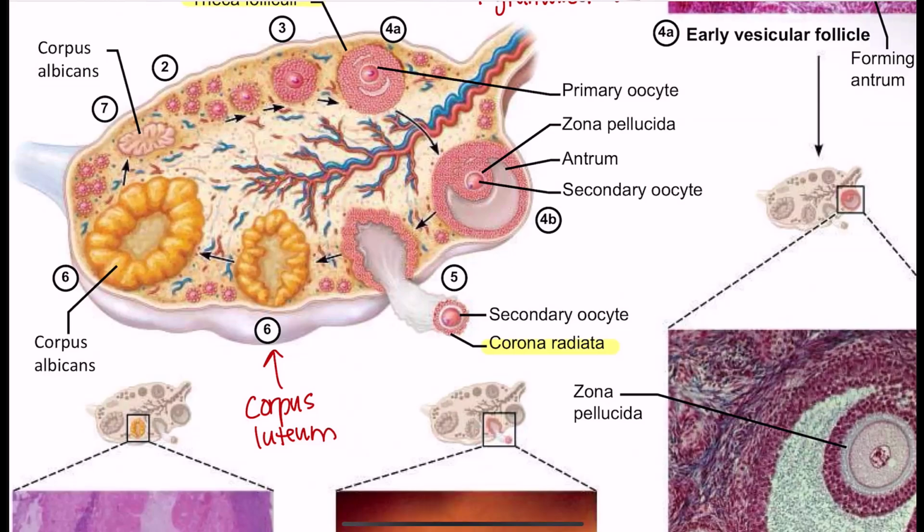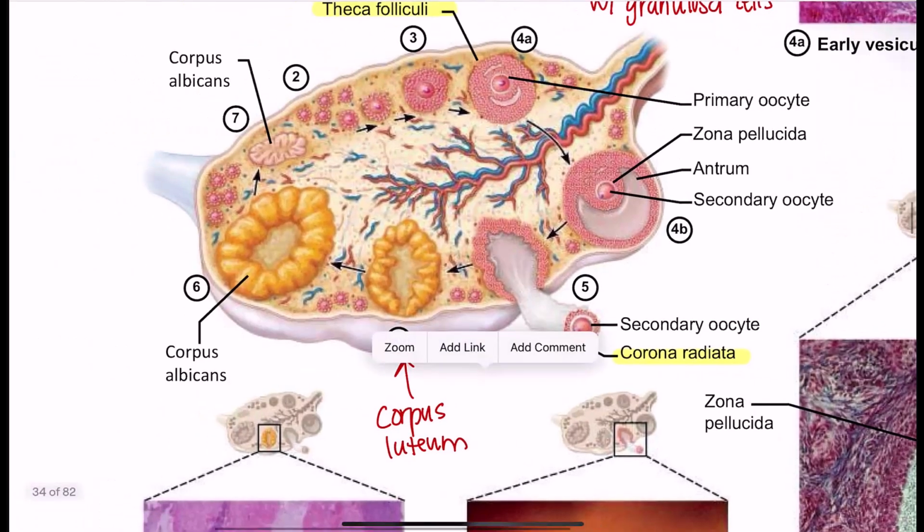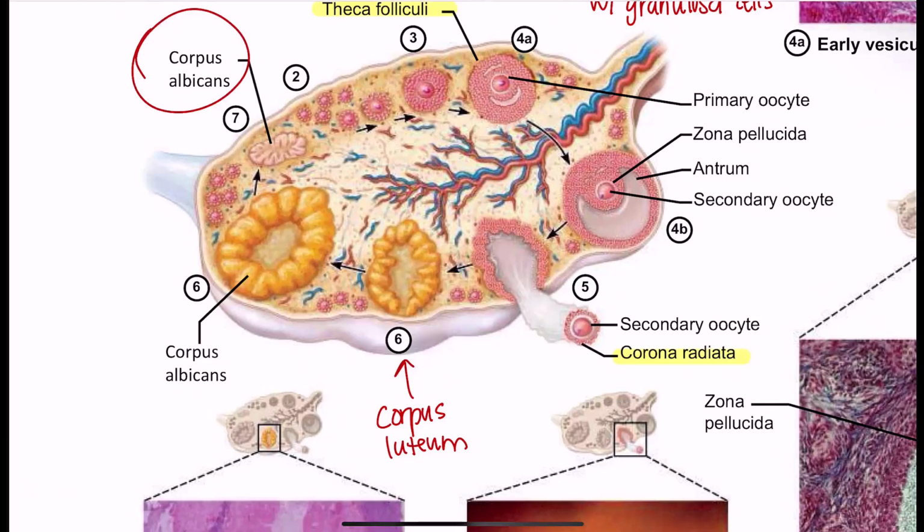But then that corpus luteum will eventually degrade into a little bit of scar tissue called corpus albicans. Albicans means white. And that corpus luteum, if pregnancy does not occur, becomes the corpus albicans. Again, we'll talk about it.